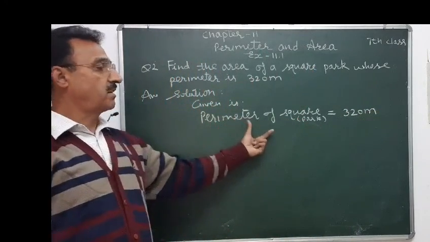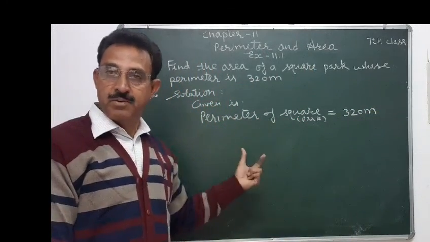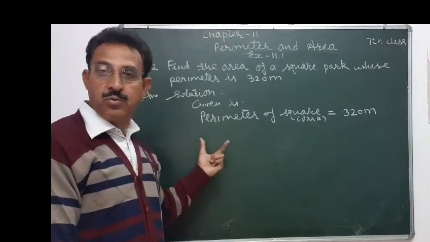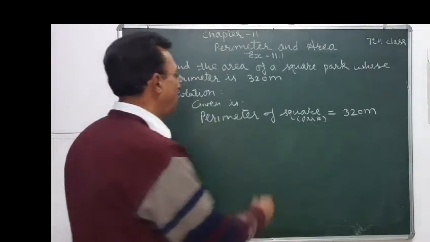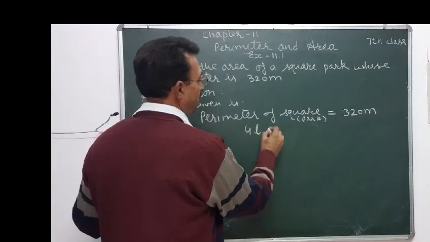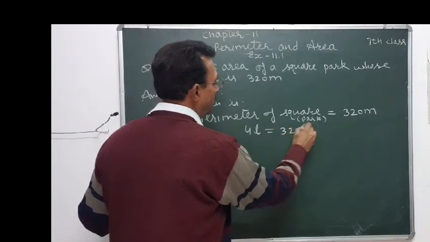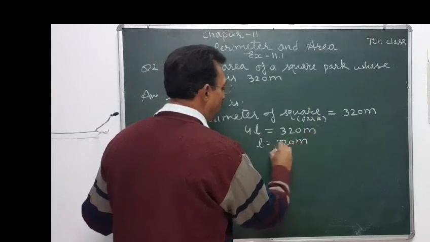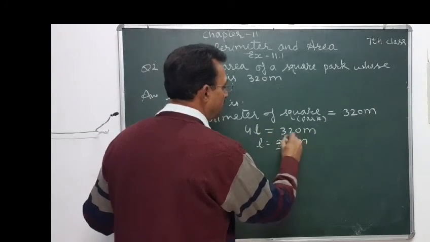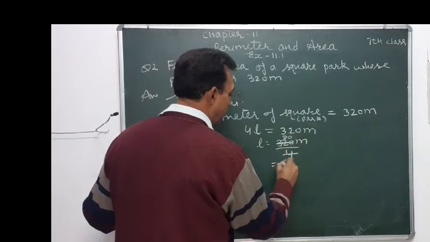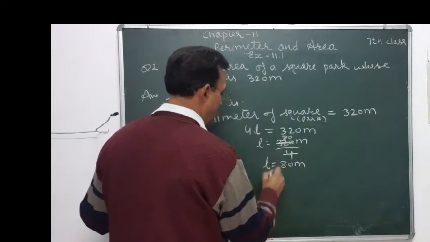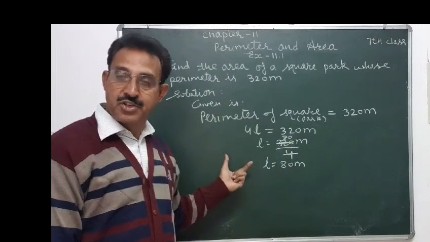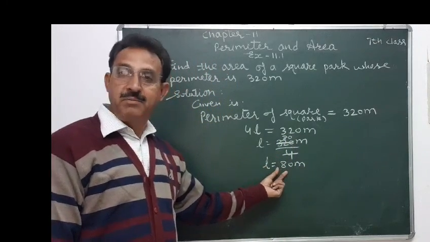And we know that the perimeter of a square is 4 into side, or 4 into length is equal to 320 meter. So L is equal to 320 meter upon 4, we get 80 meter. So one side of the park which is square shape is 80 meter.